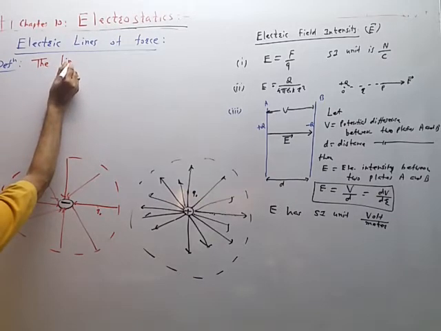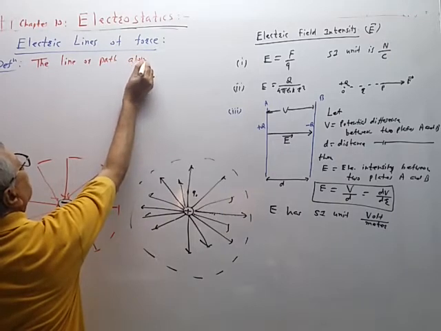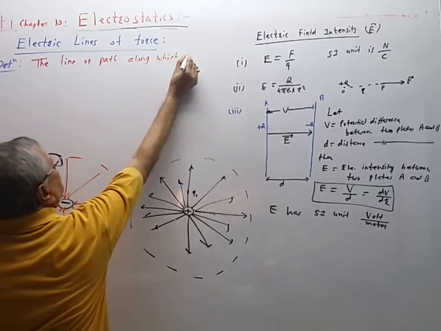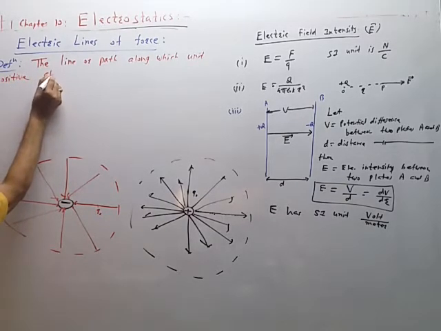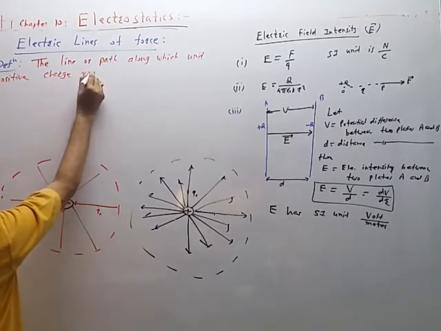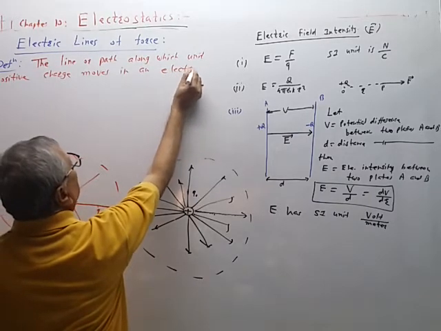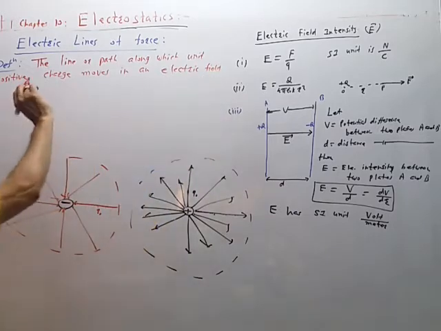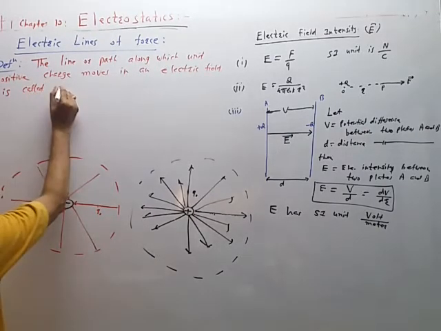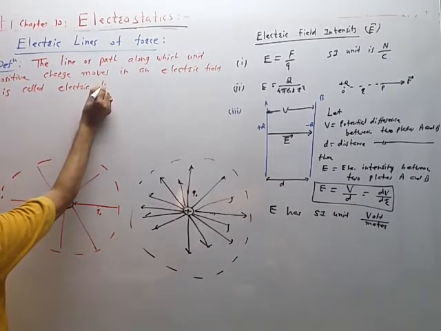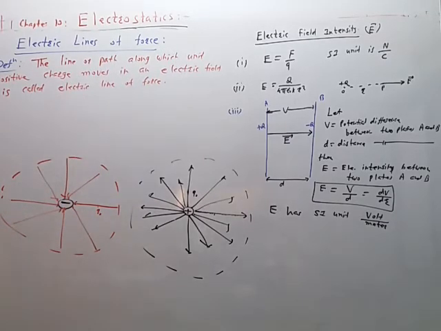The line or the path along which unit positive charge moves in an electric field is called electric line of force.